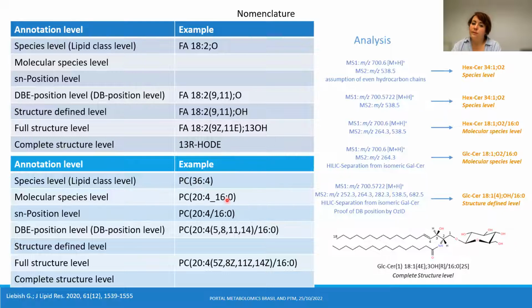Maybe we know the composition of fatty acids, but we don't know how those two fatty acids are distributed in the molecule. If we know, we can put that this one is on SN1 position, this one on SN2. Maybe we have information about the double bonds, then we can say it. Maybe we have even the information about the geometry of those double bonds. Then we can provide it. But what is the general idea?